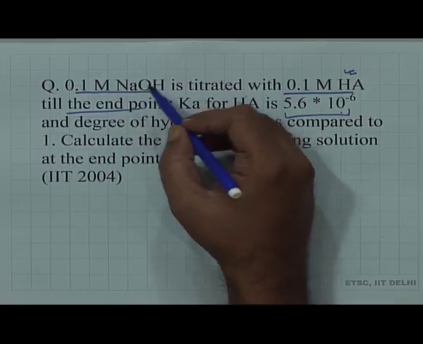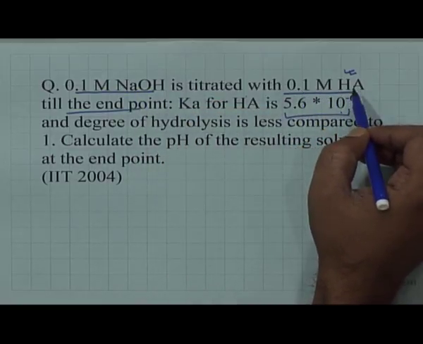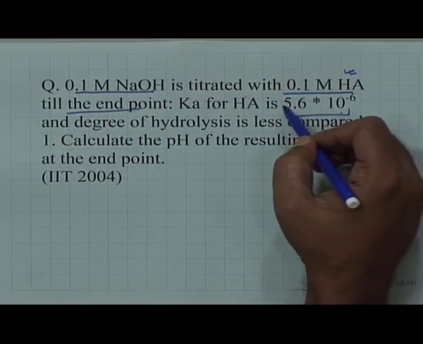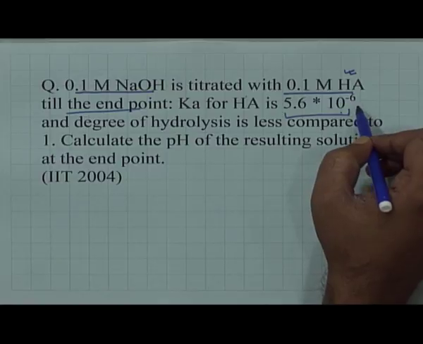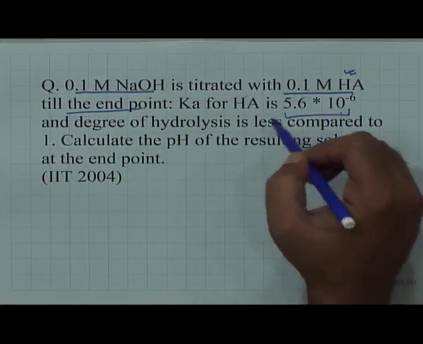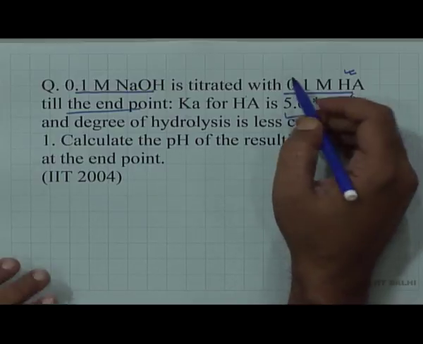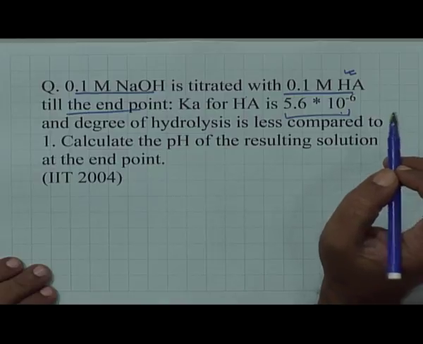So, you see 0.1 molar NaOH, 0.1 molar HA till the end point.